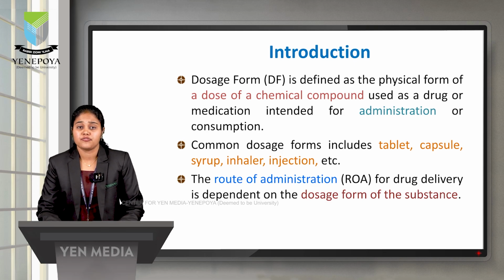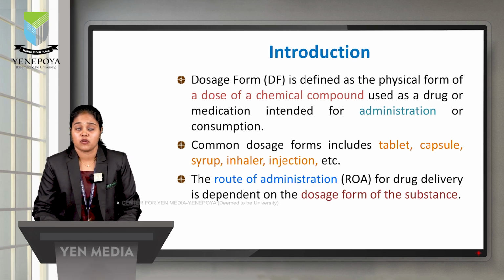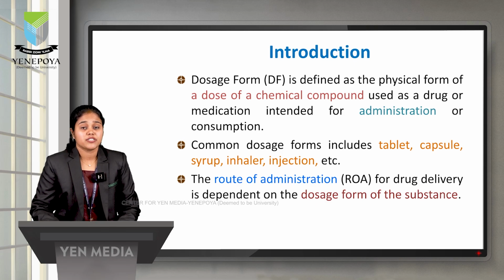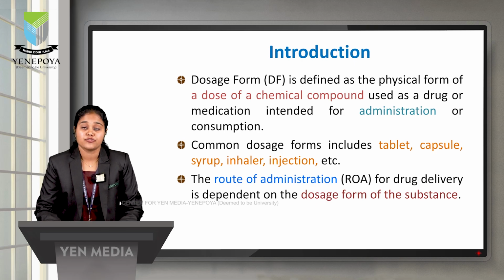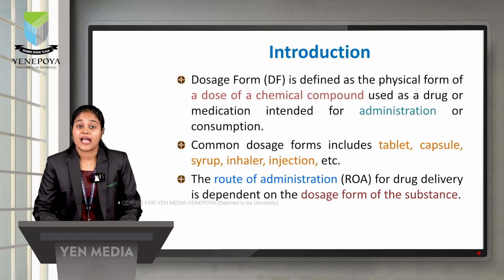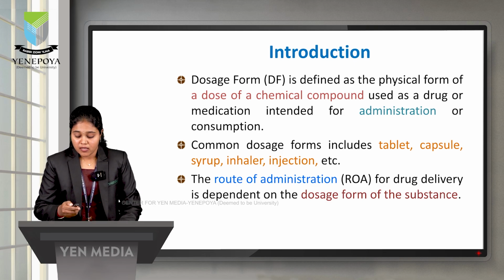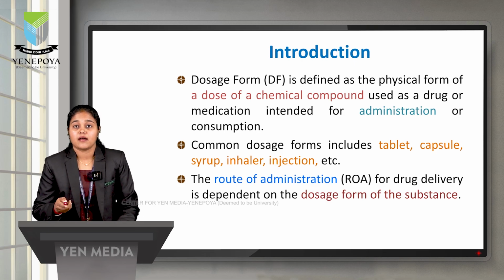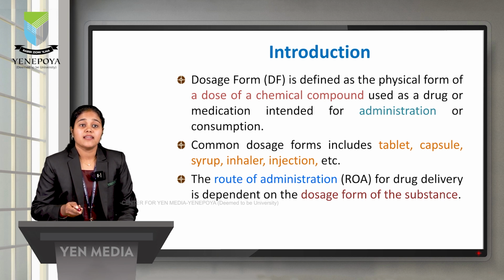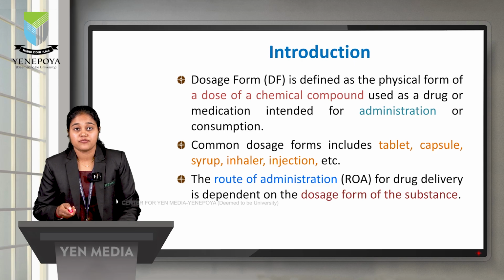What is the classification of common dosage forms? Mainly dosage forms can be classified into solid dosage form, liquid dosage form and semi-solid dosage form. In solid dosage forms, tablet is one example and capsule is another example. Syrup is a liquid dosage form.